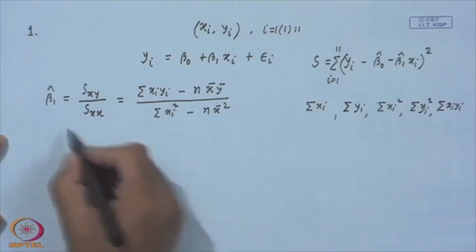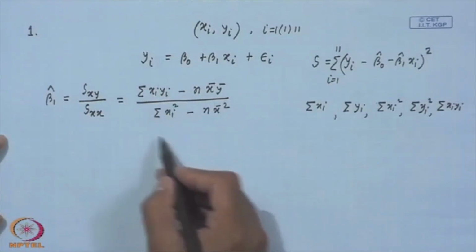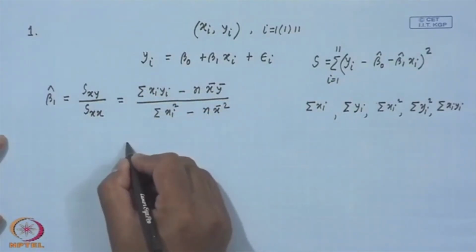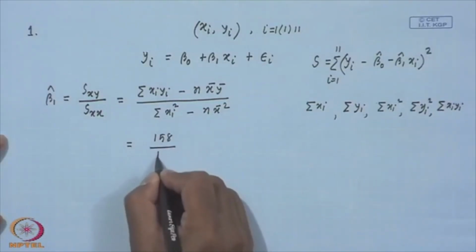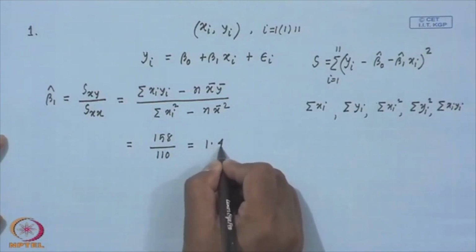Okay. So, you can compute all these things for the given observations, and then you can check that this one is equal to 158 by 110, which is equal to 1.44.